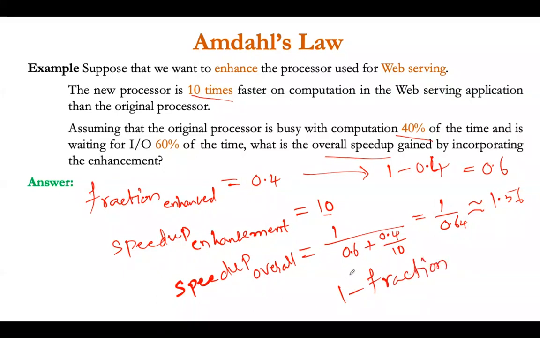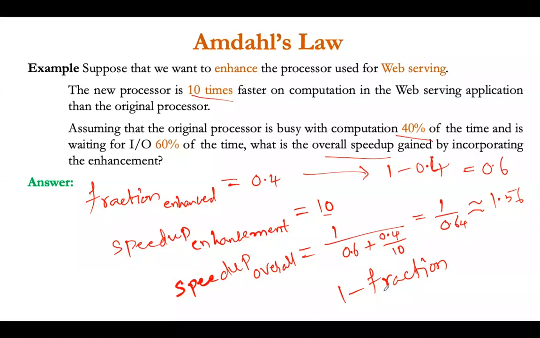A common mistake in applying Amdahl's law is to confuse the fraction of time converted to use an enhancement with the fraction of time after the enhancement is in use. If instead of measuring the time that we could use the enhancement in a computation, we measure the time after the enhancement is in use, the result will be incorrect.